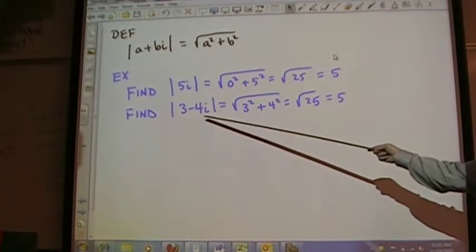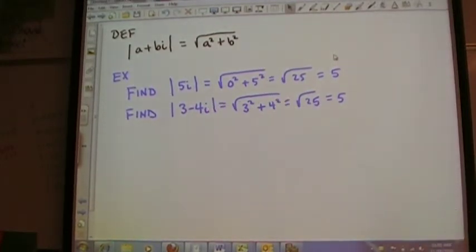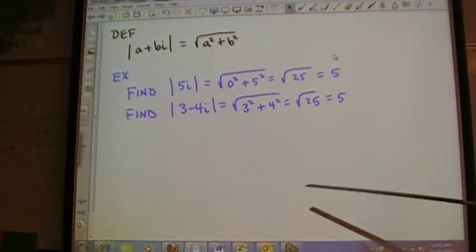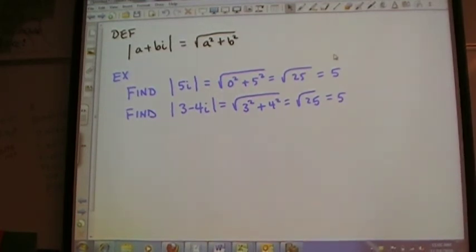Your b value is actually negative 4, but whether I do a positive 4 squared or a negative 4 squared, it's going to come out to be the same. That value is always going to be positive. So 3 squared plus 4 squared comes out to be square root of 25, which is 5. So just make sure when you calculate the absolute value of a complex number, you don't put i under the radical.